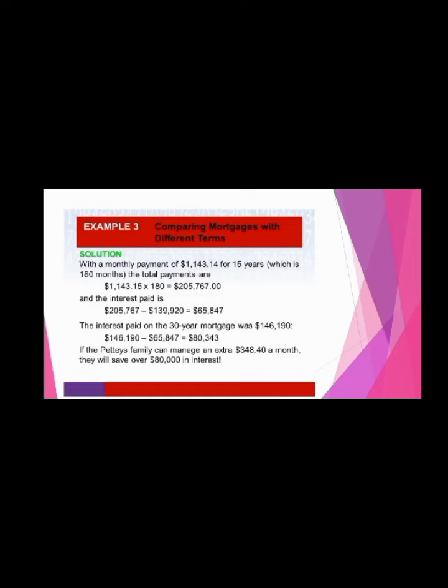So, kung ang Petis family is maka-extra nga $348.40 a month, so makasave sila over 80,000 in the interest. So, I hope nasabtan ra ninyo ang akong gidiscuss or ang example. And kung naay pangutana is pwede ra kaayo mo mangutana after sa reporting namo.